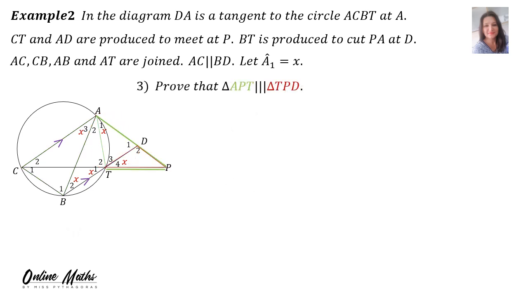Question 3. Prove that triangle APT, that's the green triangle, is similar to triangle TPD, that's the red triangle.